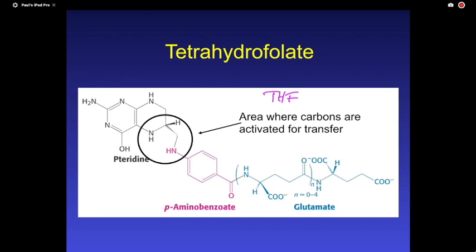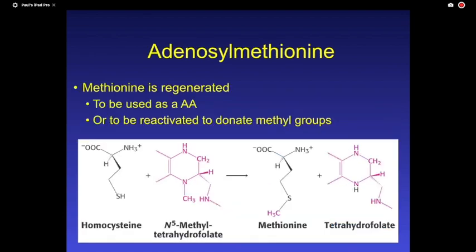All right. We're going to focus in on the ring structure, and we're going to focus in on the 2 nitrogens. Those 2 nitrogens are able to carry the carbon units that we will be transferring. And so here I only show part of the THF. We're going to have a methyl on the 5th nitrogen. And so the homocysteine will react.